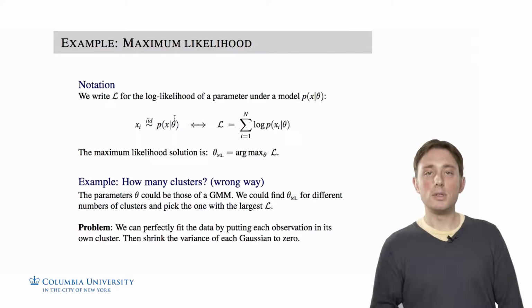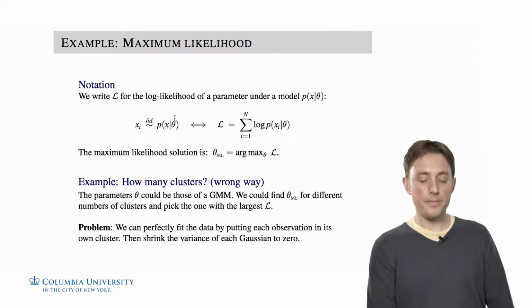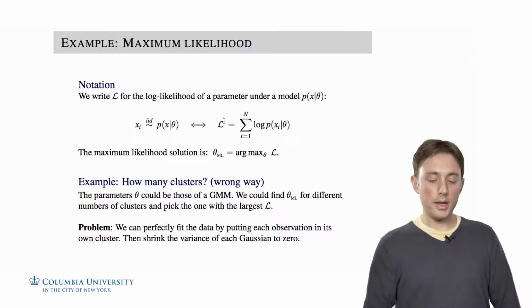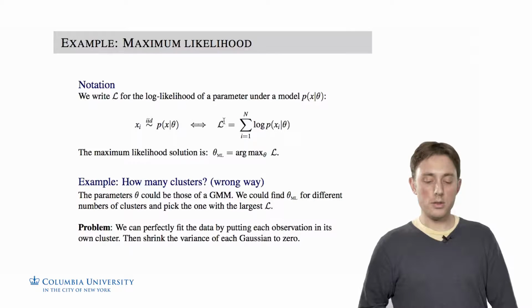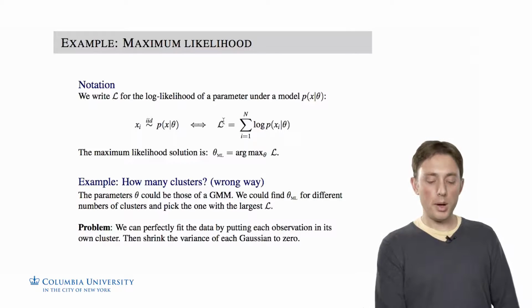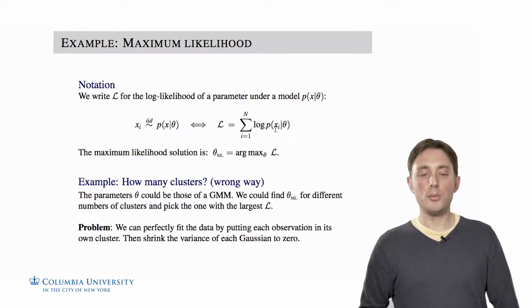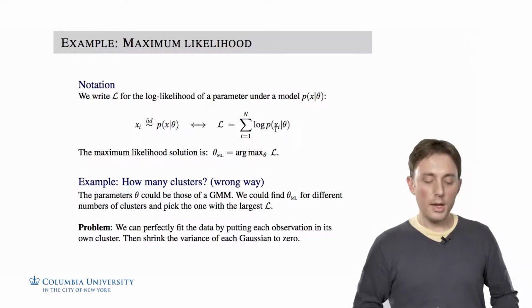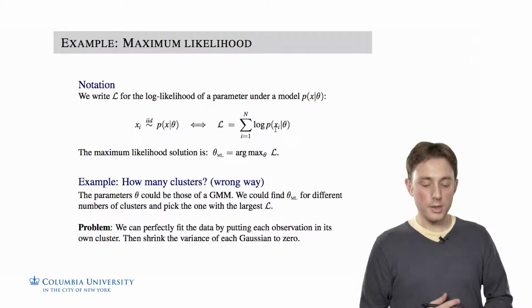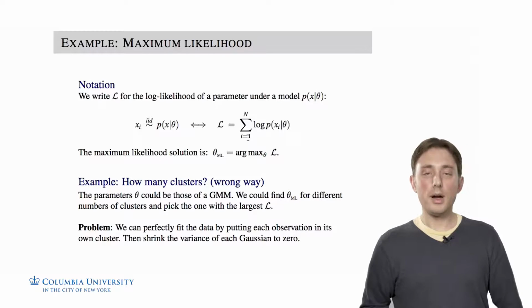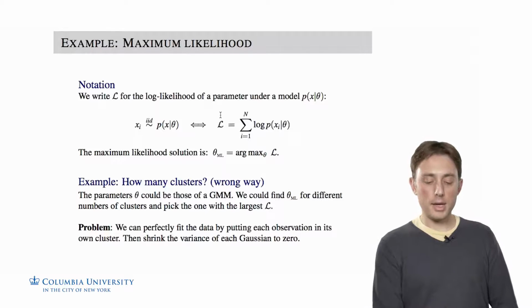This is something we discussed very early in this course, which we can write in this way. So the log likelihood of a sequence of n observations that are iid from this probability distribution is just the sum over each of the log likelihoods on each data point. And now the maximum likelihood solution for this, as we discussed in the first lecture, is simply to find the value of theta that maximizes this log likelihood term.